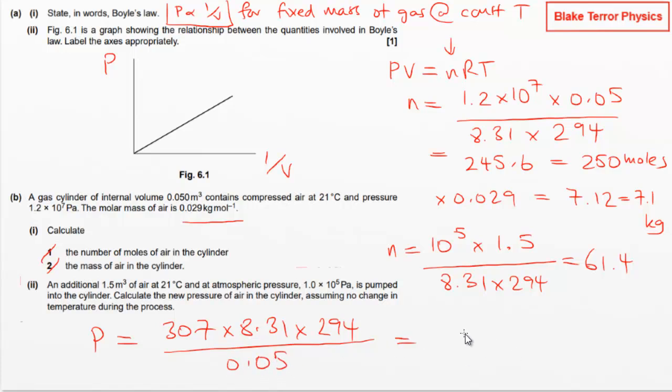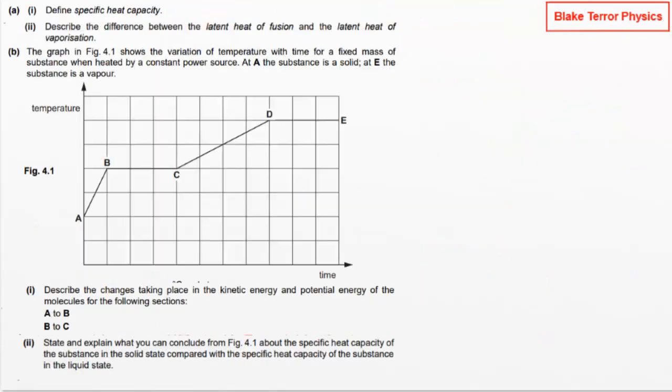That's coming out at, it's a lot to type in, 1.5 give or take times 10 to the 7 pascals, which makes sense. You started at 1.2 times 10 to the 7. We've shoved some more air in, so the pressure's gone up a bit. So there we go. That's another question done.